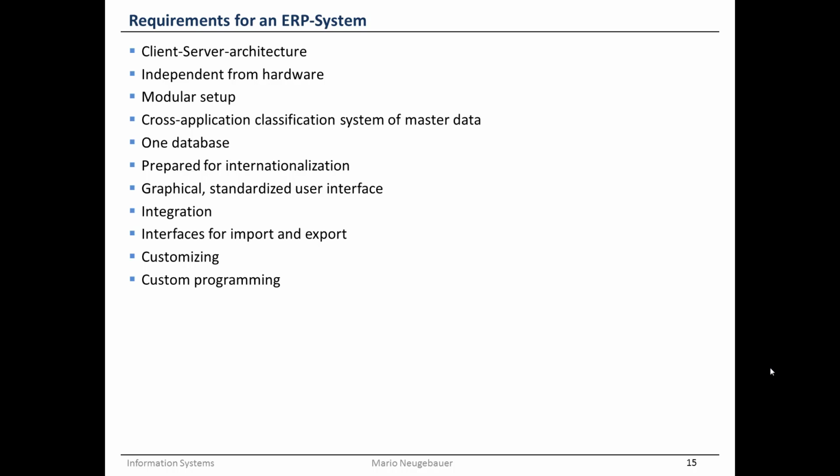Employees should be able to work in their native language in the other country as well. Internationalization also means that currencies might be different in other countries, or that number systems like the dot and the comma might be used in a different way, or there might even be different governmental regulations. So all these aspects contribute to the preparation for internationalization.